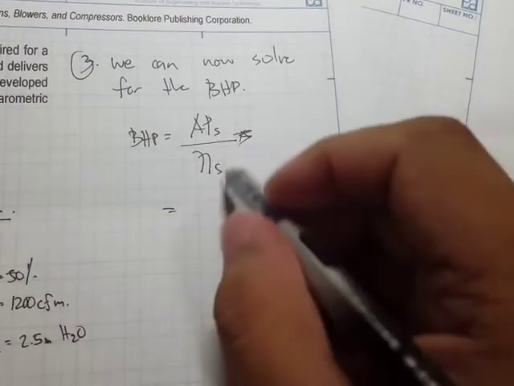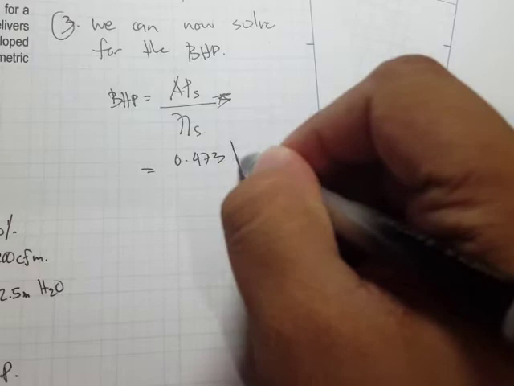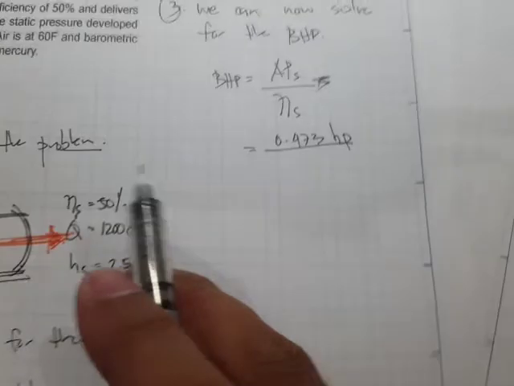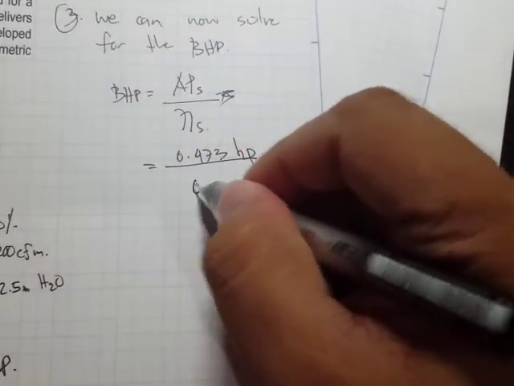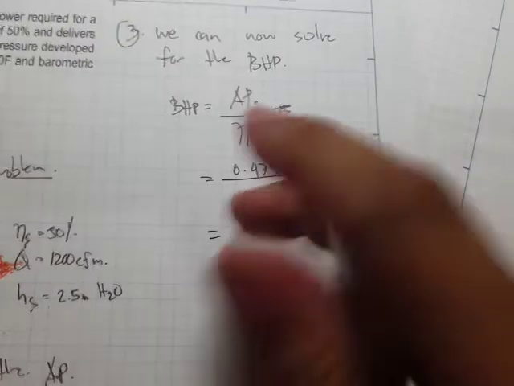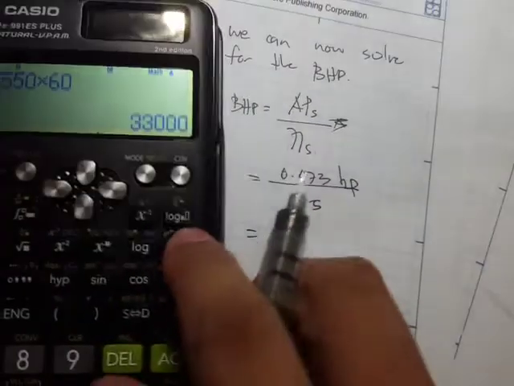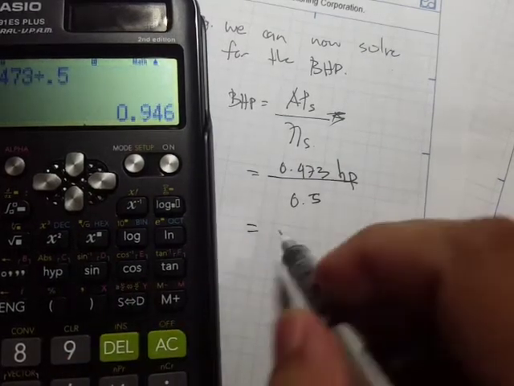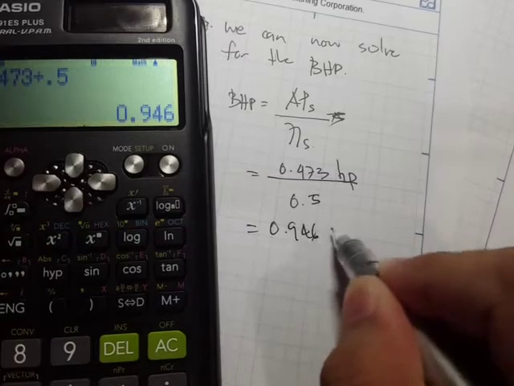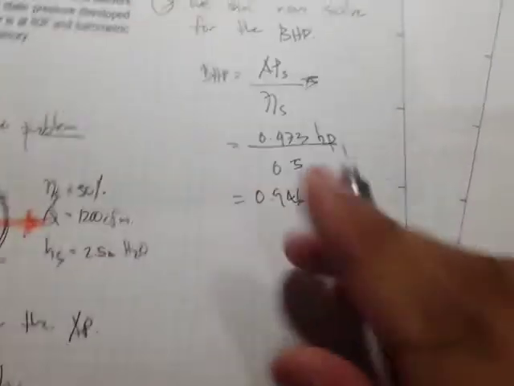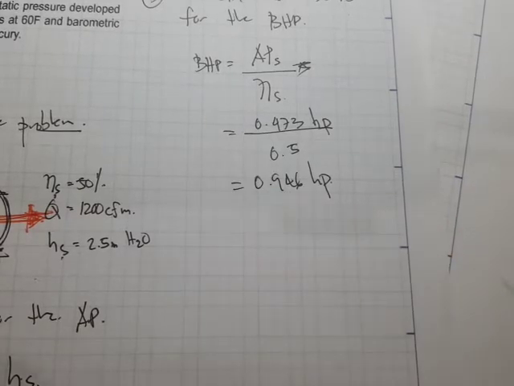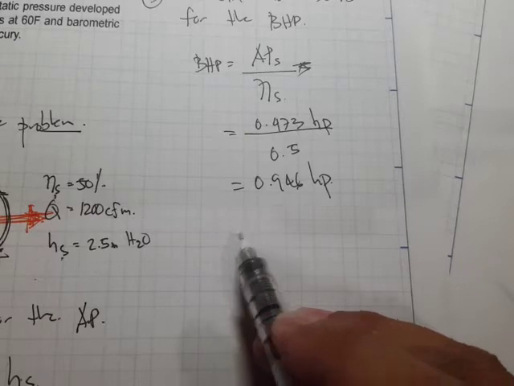Okay, so let's substitute. Air power is 0.473 HP divided by the static efficiency of 50%. So this is 0.5. So this is 0.473 divided by 0.5. This is 0.946 HP.